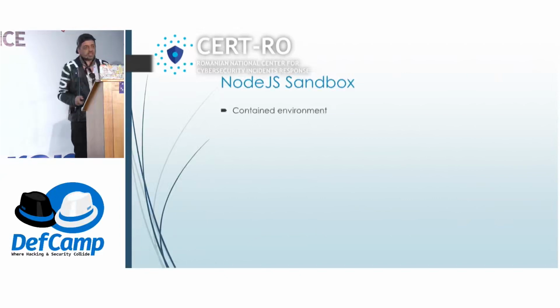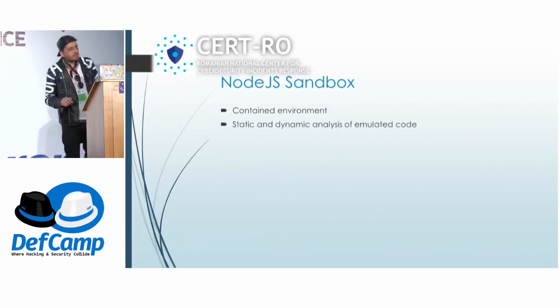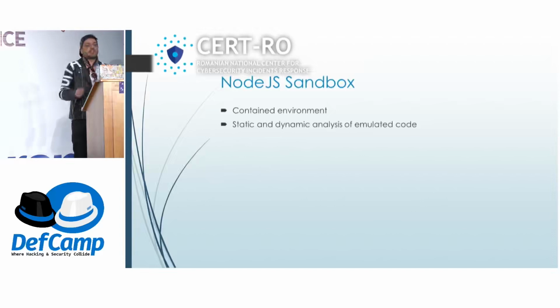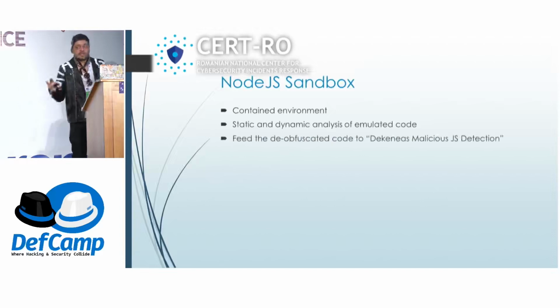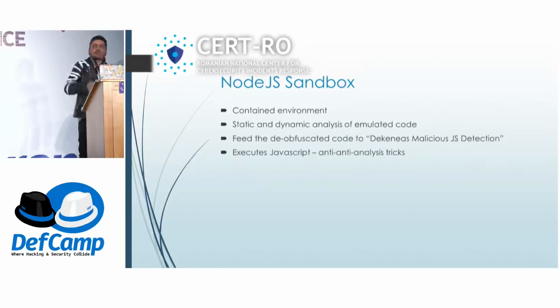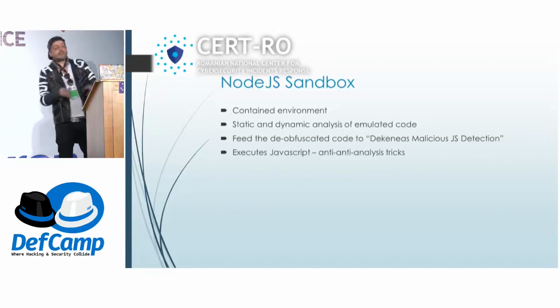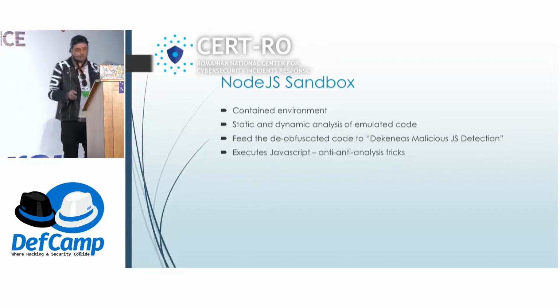The Node.js sandbox, we crafted it very carefully. It runs in a contained environment. It performs static and dynamic analysis of emulated code. It feeds the deobfuscated code to DefCamp's malicious JS detection and scoring system. Executes the JavaScript, taking care of certain anti-analysis tricks.